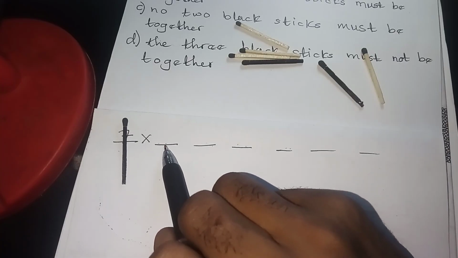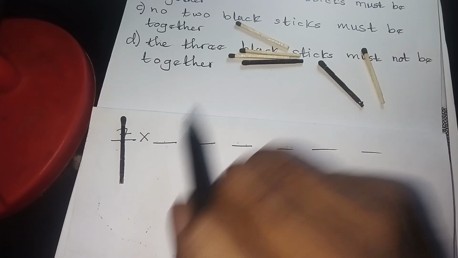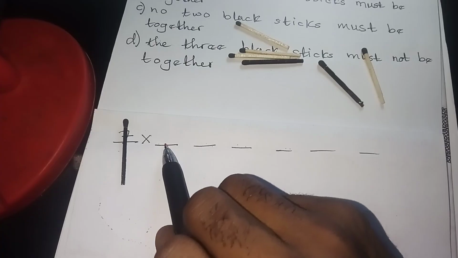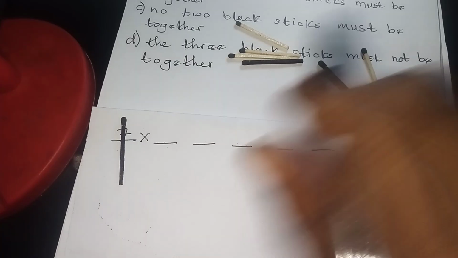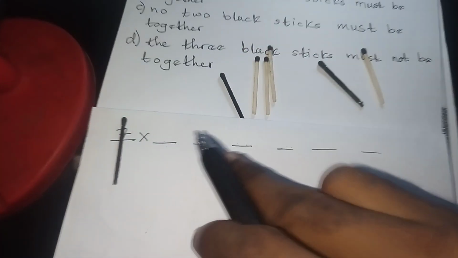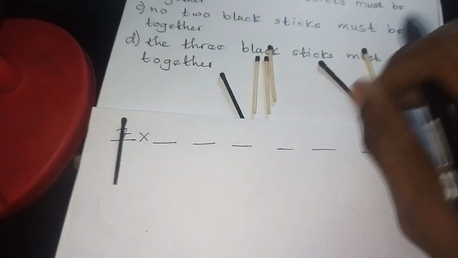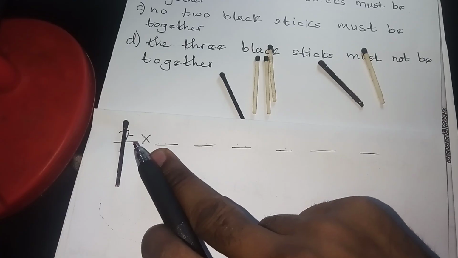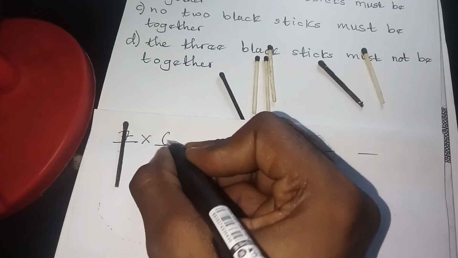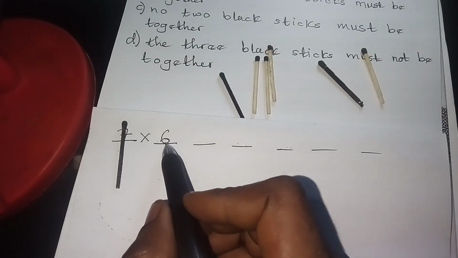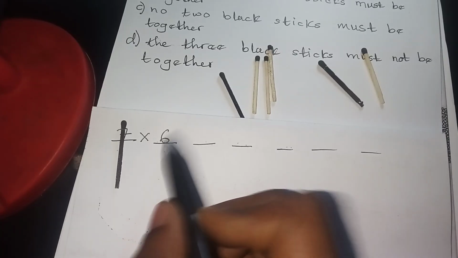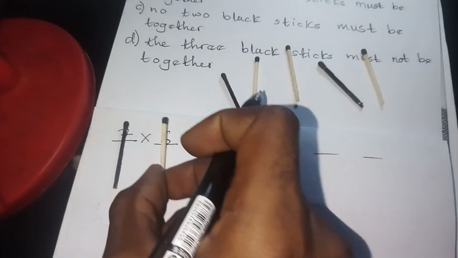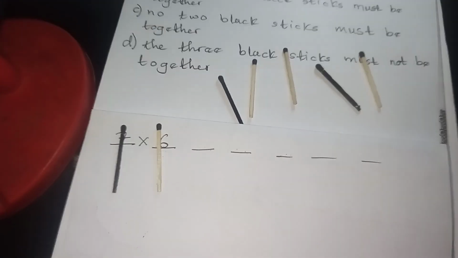To find the number of ways of assigning a stick to the second slot, just count how many sticks you have. So any of these 6 remaining sticks can take this one up. So in other words, we can assign any of the 6 sticks to be in this position. So let's say I've decided to put this one there.